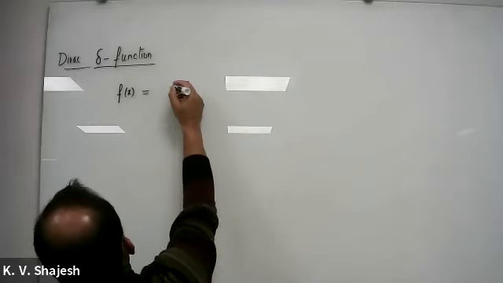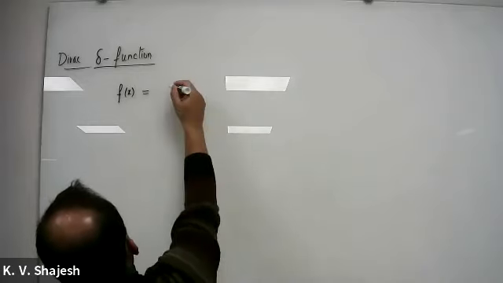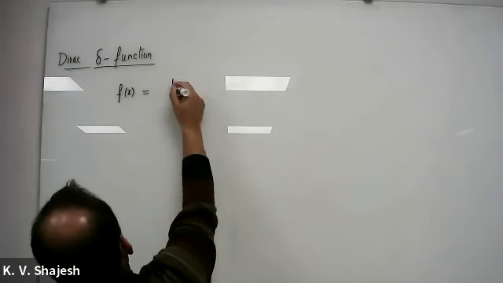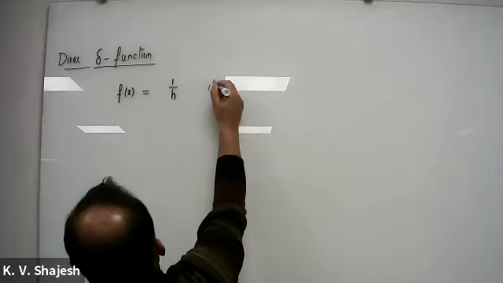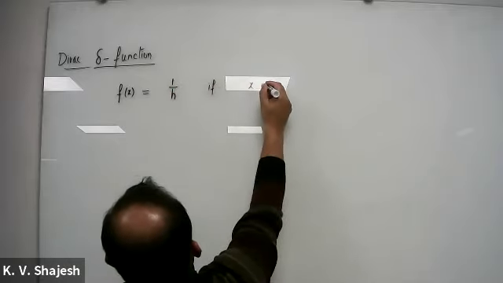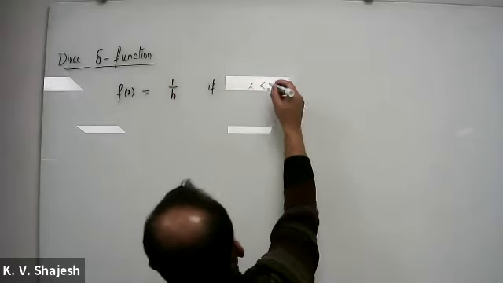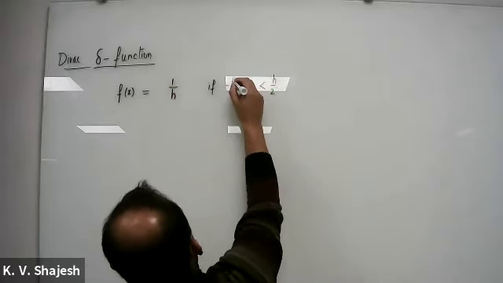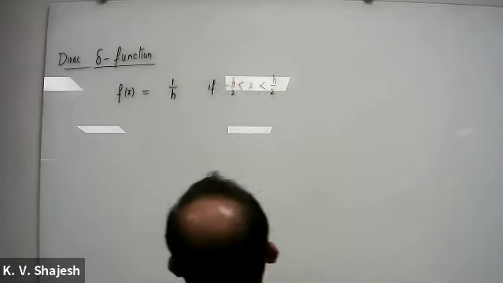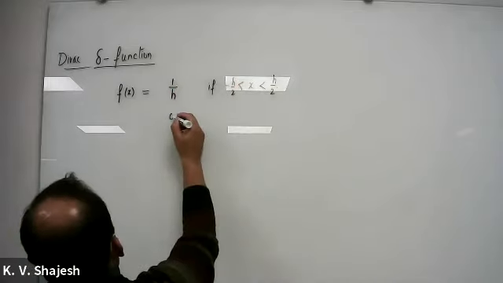So its height is 1 over h if x is less than h over 2 and greater than minus h over 2. And it is 0 otherwise.